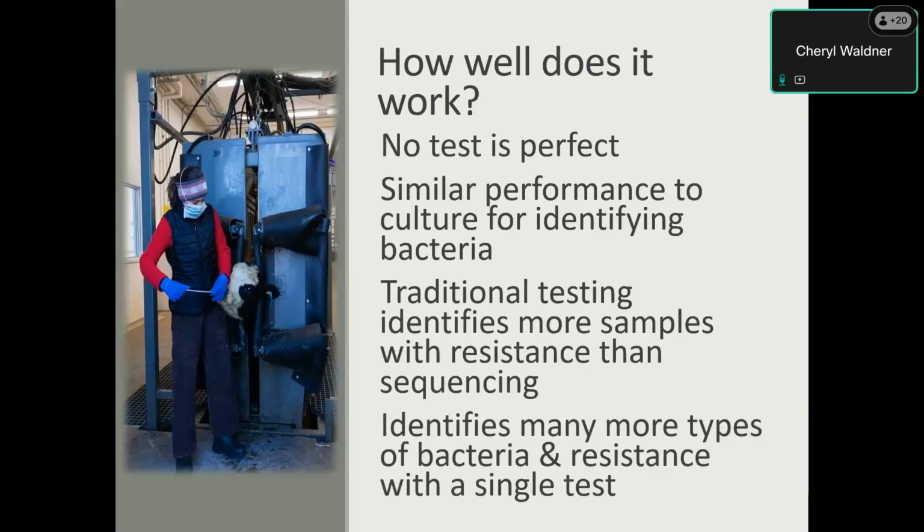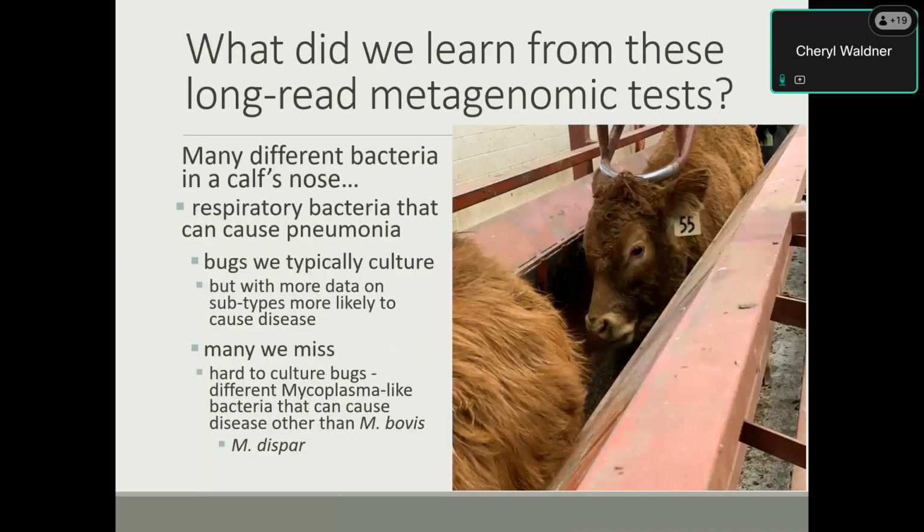Traditional testing identifies a few more samples with resistance than sequencing, at least in most cases, but metagenomics identifies many more types of bacteria and resistances within a single test than we get from traditional AST when we're doing MIC plates on these things. So we've got a little bit less depth, but a lot broader picture of what's going on.